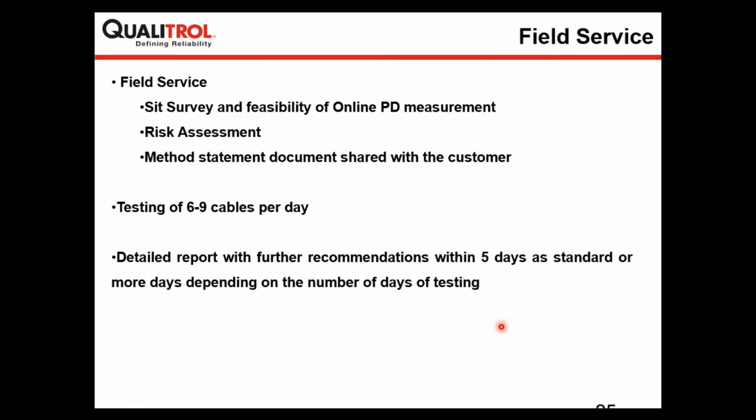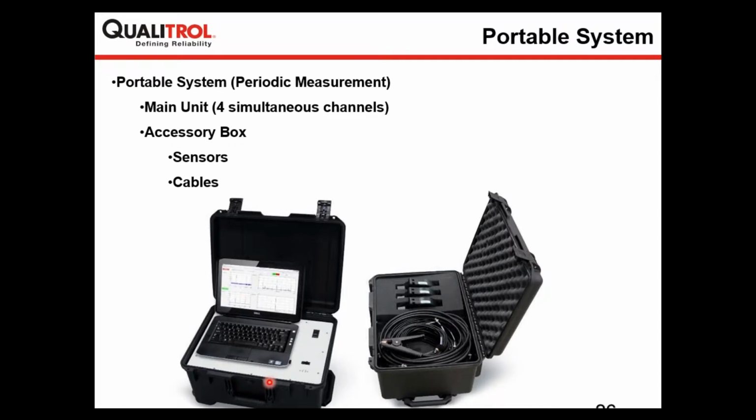Apart from this, we offer the portable system. Here in front of you is the standard kit, where on the left is a main unit, and on the main unit you can place the laptop which is provided with the system. The expert analysis software is installed on the laptop, and the data acquisition and the analysis are done on the laptop.